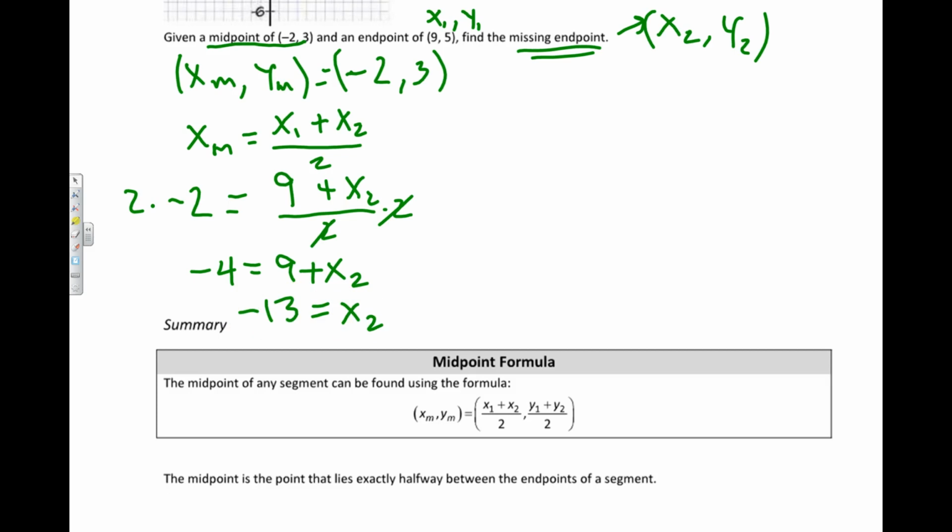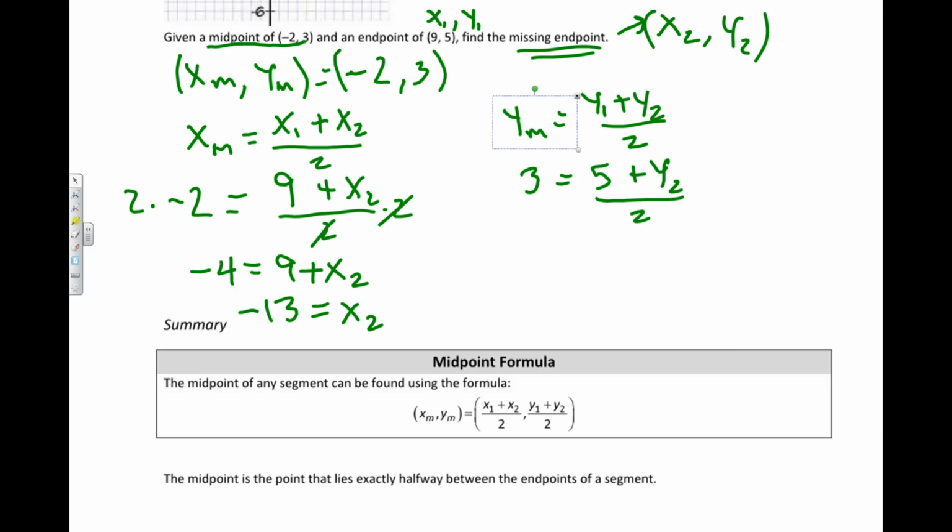Now let's work on the y's. It's the exact same concept. The y value of the midpoint is equal to y1 plus y2 over 2. Plug in what you do know. You know that the y value of the midpoint is 3, and you know that y1 is 5, but you don't know y2. That's what you're hunting for, over 2.